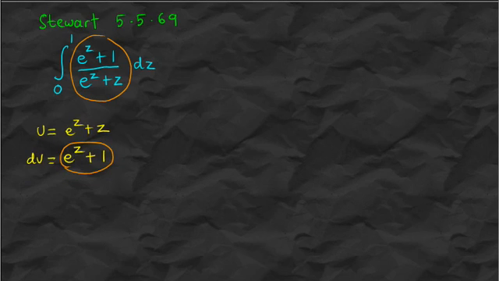Okay, so now let's continue. We have the integral from 0 to 1, and our u is e^z + z, which is in the denominator, and we have (e^z + 1) dz. I forgot the dz over here.